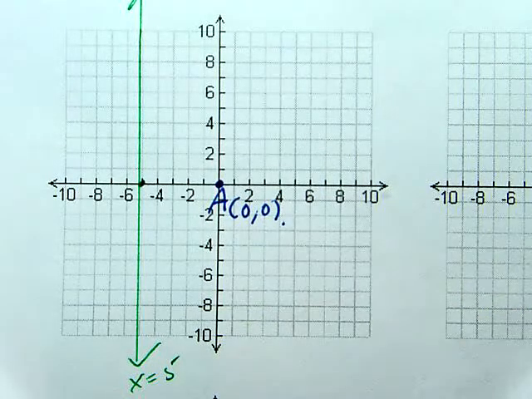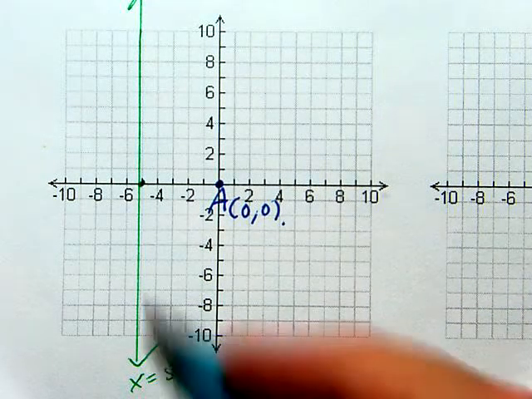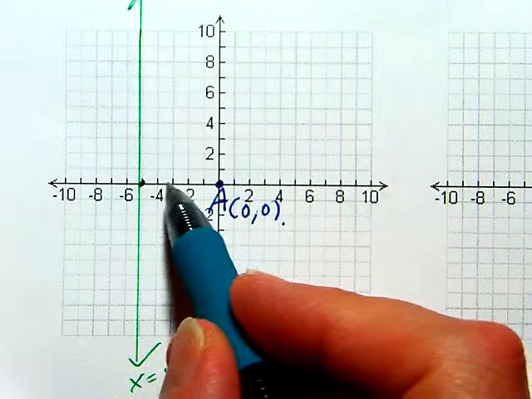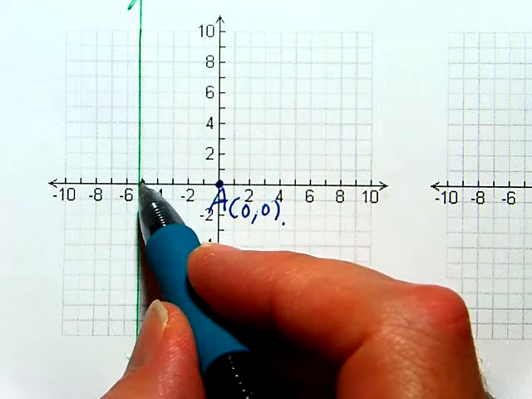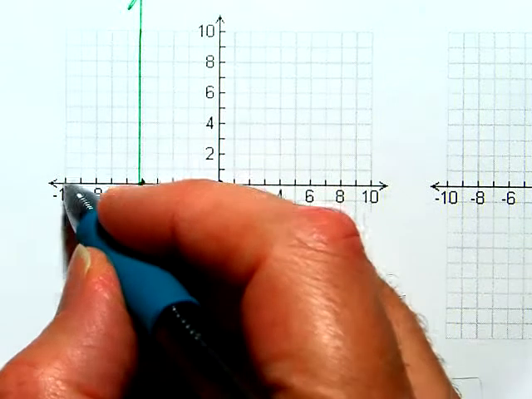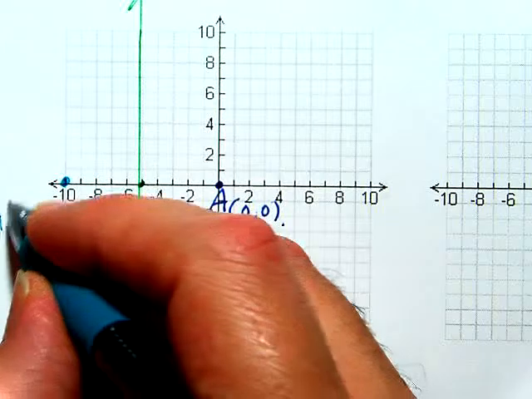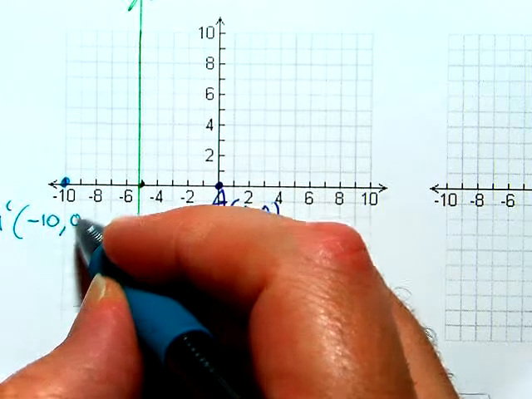A is 5 points to the right: 1, 2, 3, 4, 5. So we've got to go 5 points to the left: 1, 2, 3, 4, 5. This gives us A prime, which is located at -10, 0.